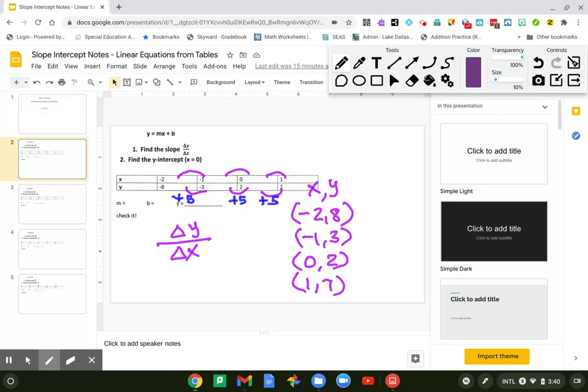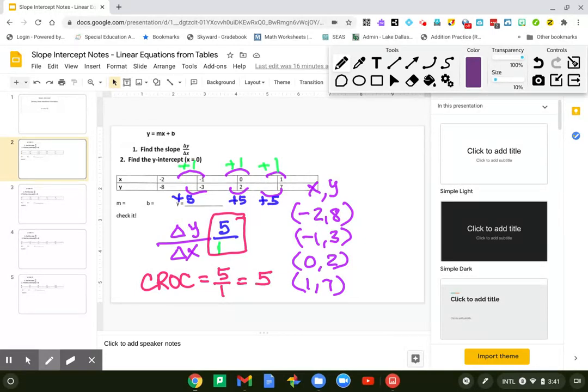That number goes on top. That's my change in y. Now my change in x, what is happening with the x's? It is increasing by 1 each time. So my constant rate of change is 5 over 1, and we simplify that to 5.